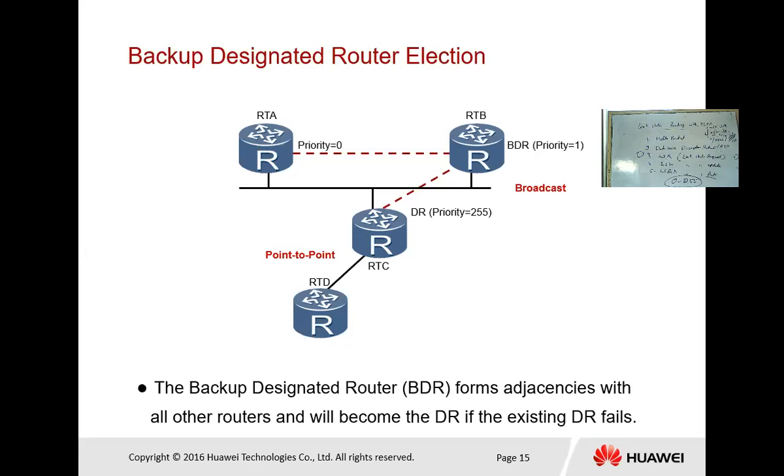For each broadcast and NBMA network, the backup designated router is also adjacent to all routers on the network and becomes the designated router when the previous designated router fails. If there were no backup designated router present, a new adjacency would have to be formed between the new designated router and all others attached to the network.